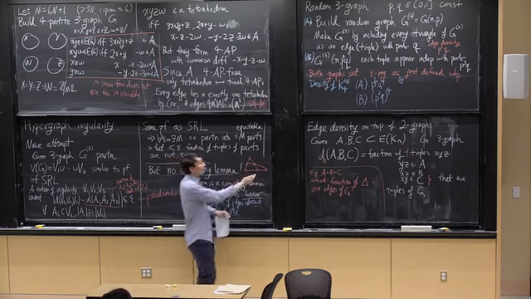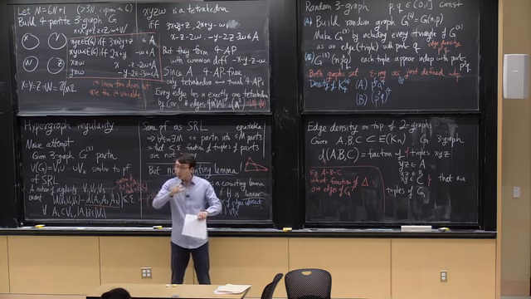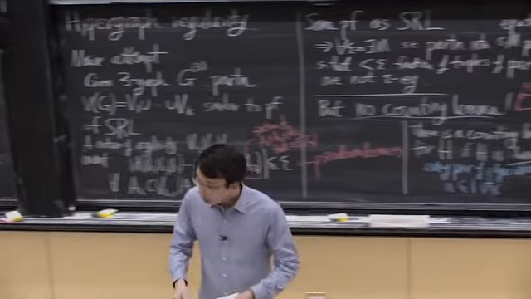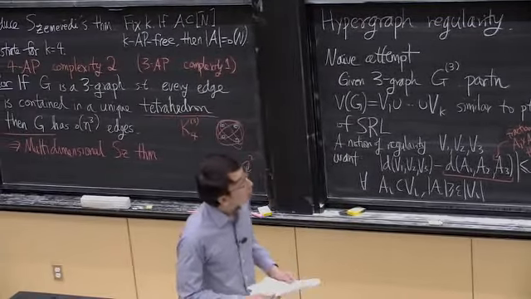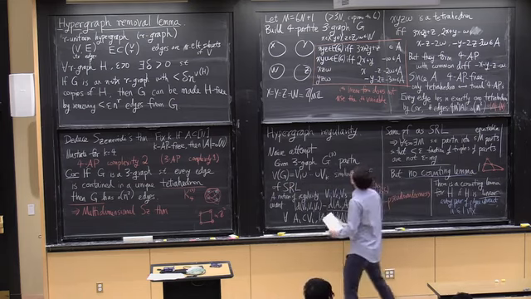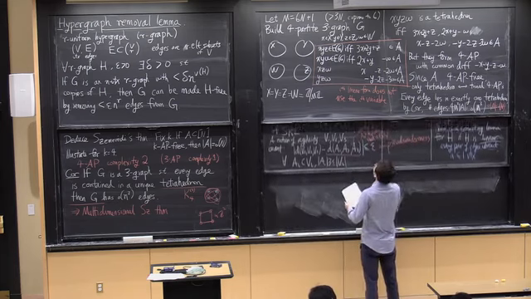Okay, so think of ABC as red, green, blue. I'm asking for fractions of red, green, blue triangles that are actually triples of the hypergraph. All right, so now we can try to come up with some notion of regularity.